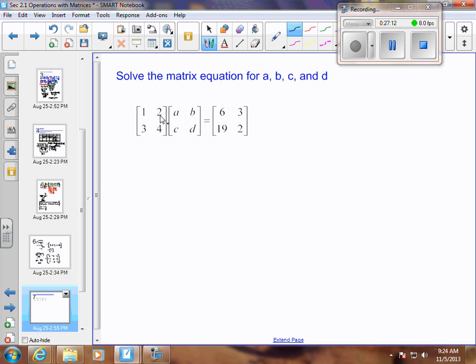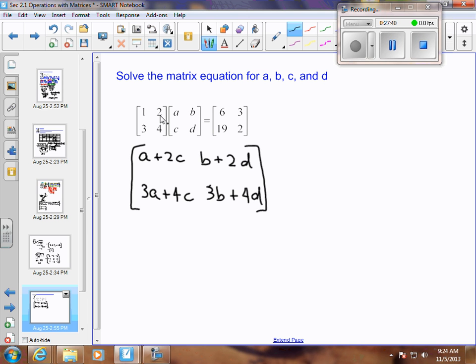So I have 1 times A plus 2 times C. Multiply the first row by the second column. 1 times B plus 2 times D. To complete the bottom row, multiply 3 times A plus 4 times C, and then 3 times B plus 4 times D. That is equal to the matrix 6, 3, 19, 2.